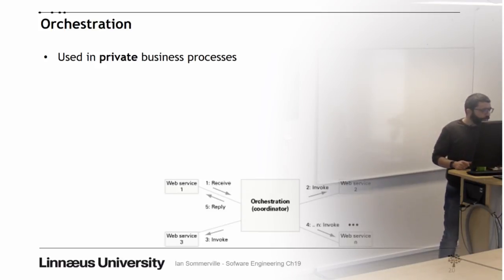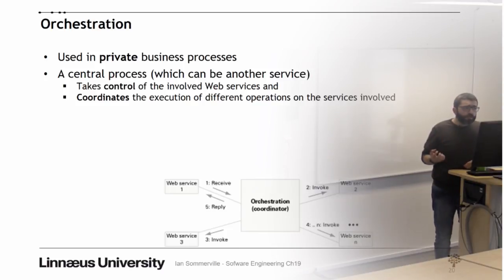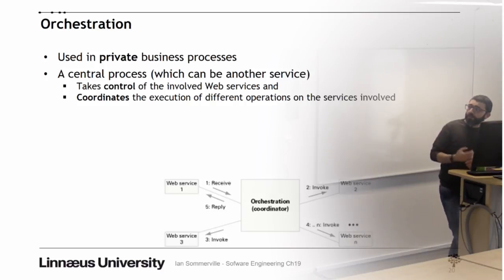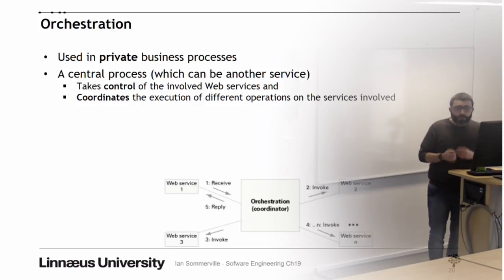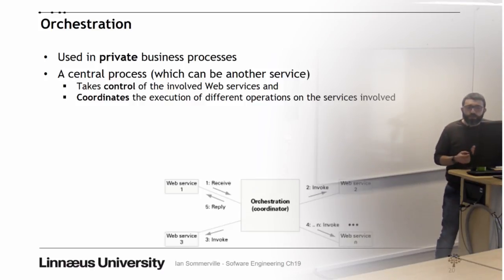It concerns having a central process, which can be another service, of course, and this central process takes control of all the involved web services and coordinates all the interactions and execution of the different operations.